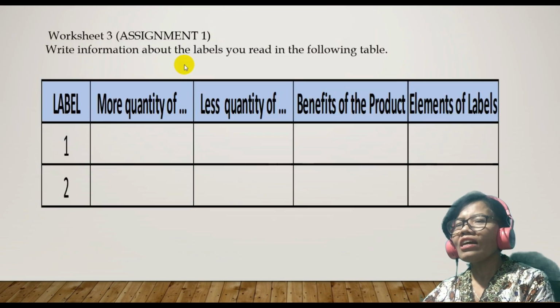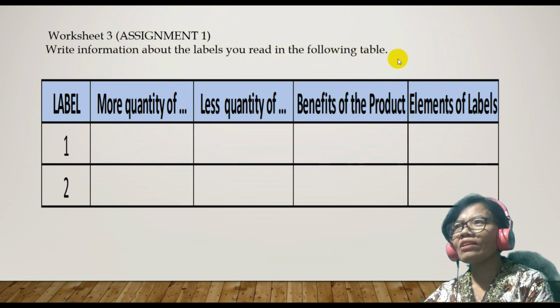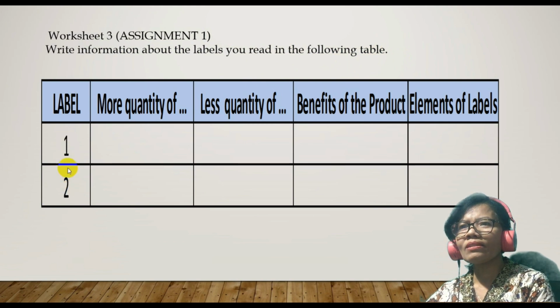And another exercise, you have assignment 1. In this exercise, please write information based on the labels you read in the following table. So you will have 2 labels.